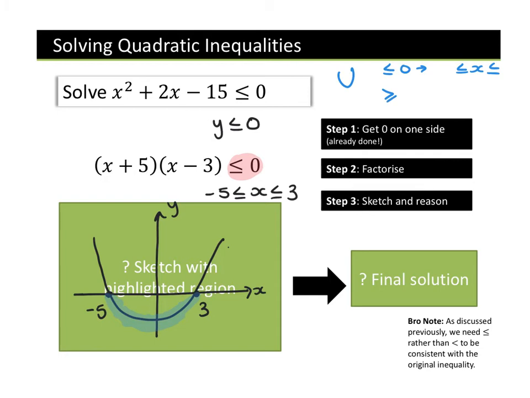If it's greater than or equal to 0, in your solution, you'll have one value... Sorry, I've written this the wrong way around. x needs to be less than a value, or x needs to be greater than a value. So that is the trick. But really, we need to have understanding of what's going on.